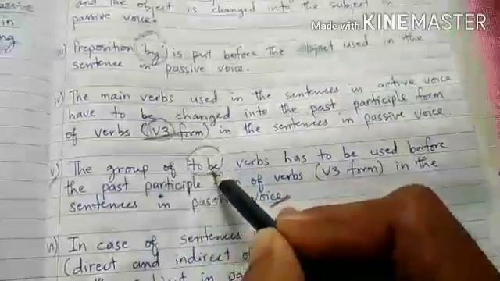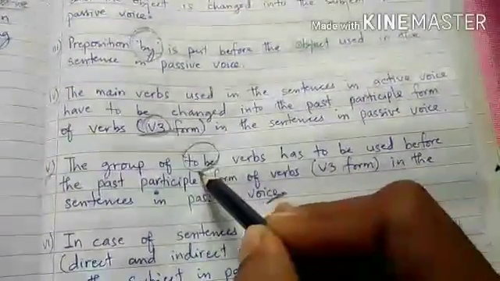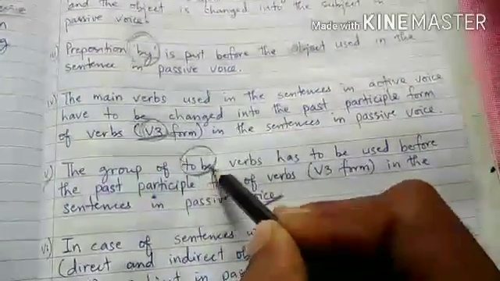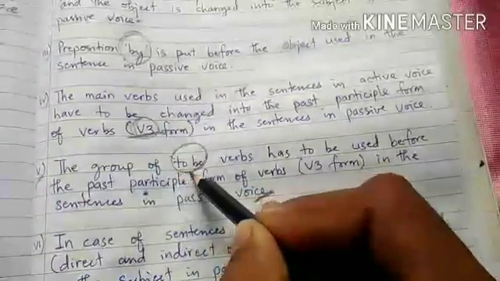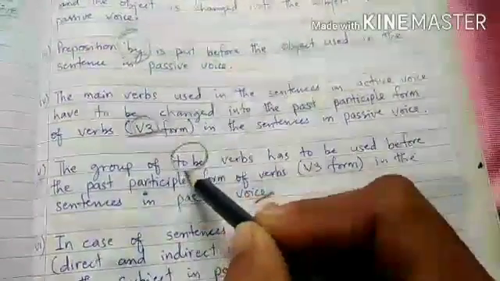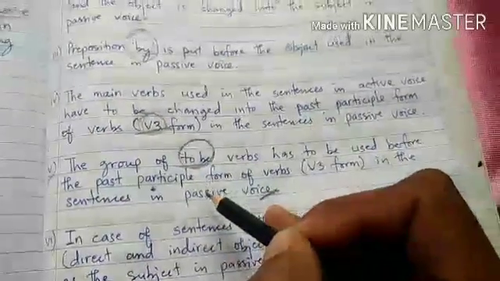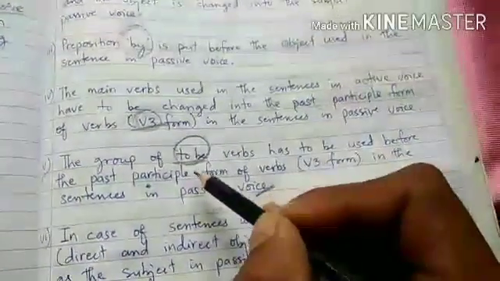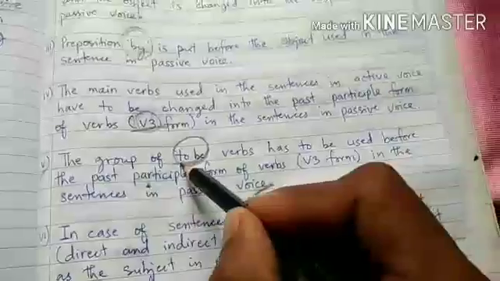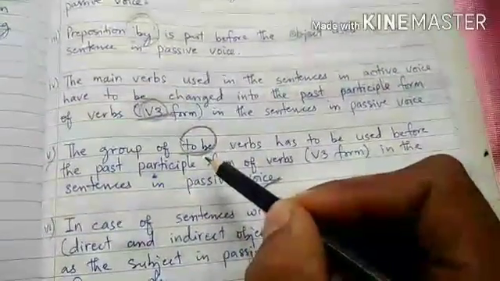It depends upon the different tenses in which the sentences are written in active voice. Okay, so that we will understand with the structure of sentences in the later part of this video.